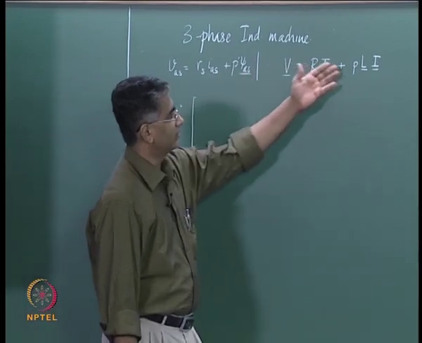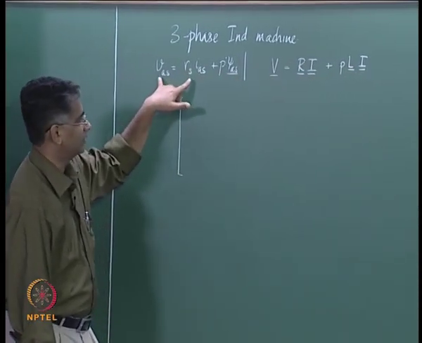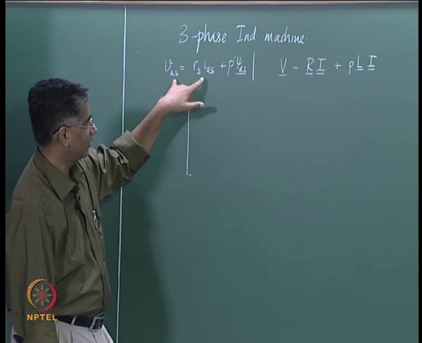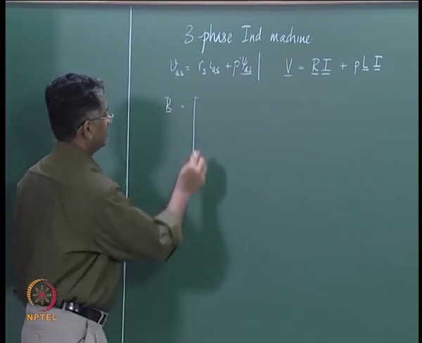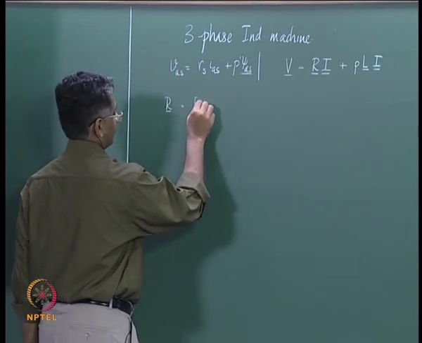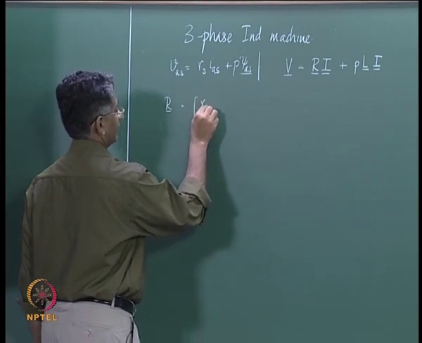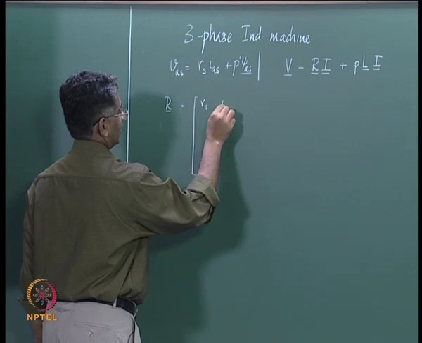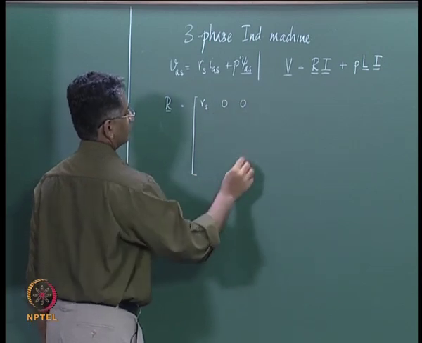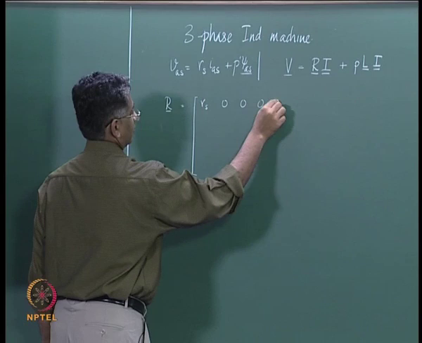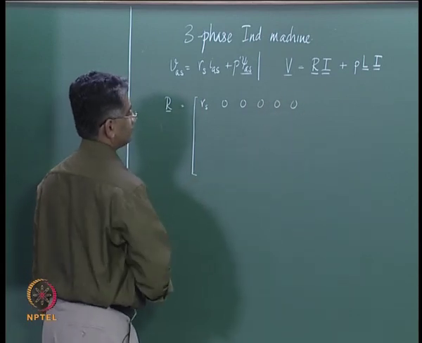Remember, each row of this describes an equation like this, and let us now write these different vectors and matrices. So you have RS and then 0 0 0 0 0.